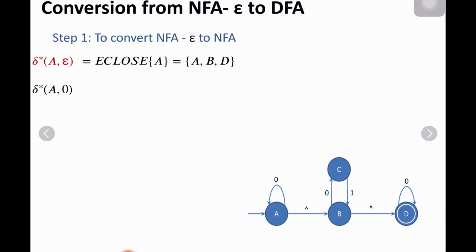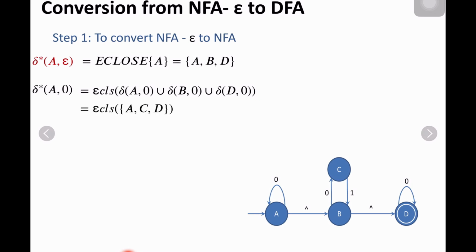Delta star of A comma 0 is nothing but the E-closure of delta of A comma 0 union delta of B comma 0 union delta of D comma 0. A comma 0 gives A, B comma 0 is C, and D comma 0 is D only. So finally you will get ACD.